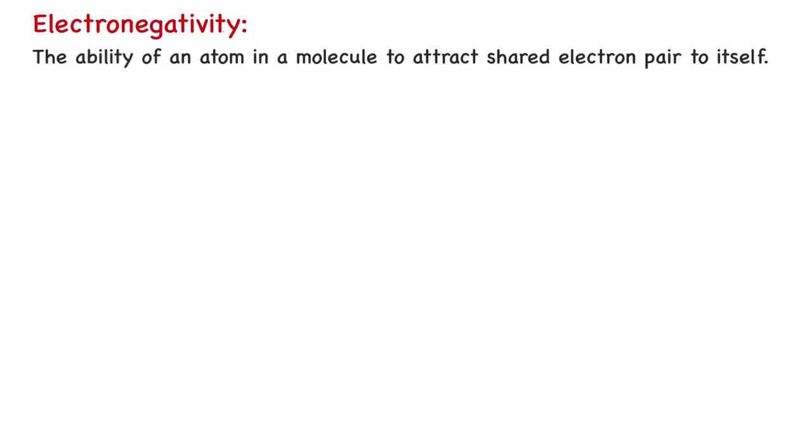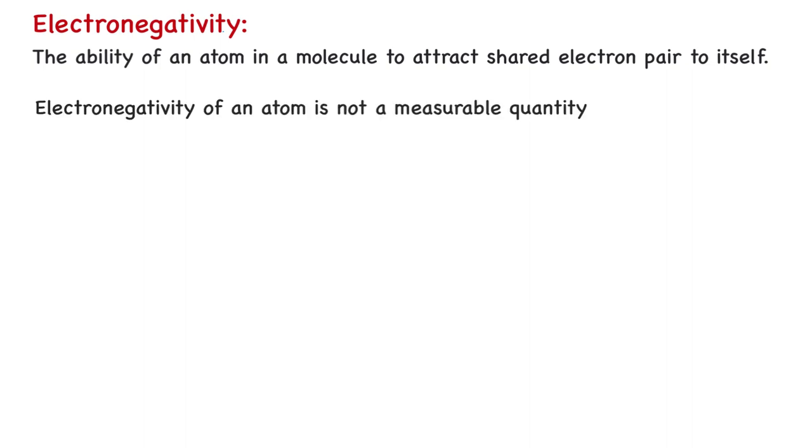Electronegativity of an atom is defined as the ability of an atom in a molecule to attract the shared electron pair to itself. The properties that we discussed earlier, such as ionization energy and electron affinity, are measurable properties. However, electronegativity of an atom is not a measurable quantity.